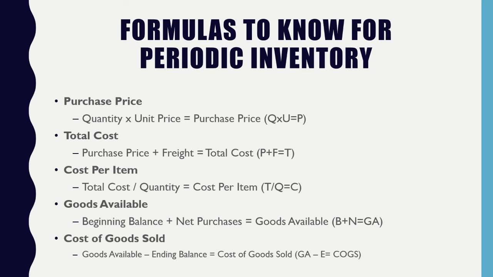And that's going to give you your purchase price. Total cost is going to be your purchase price plus your freight. And for the sake of this class, we are only strictly looking at freight expense, okay? So total cost is your purchase price plus your freight expense. Then we're going to look at cost per item. Cost per item is your total cost divided by quantity. And that's going to give you the cost per item.